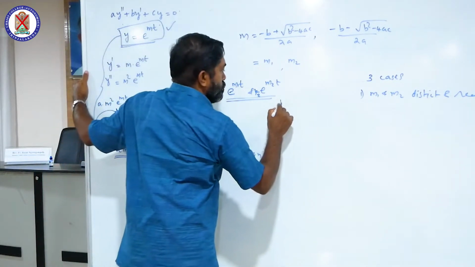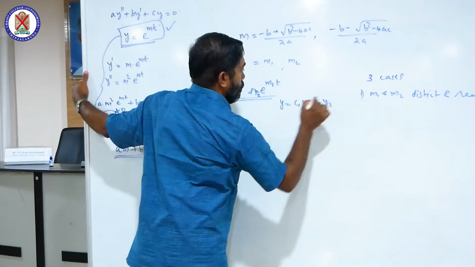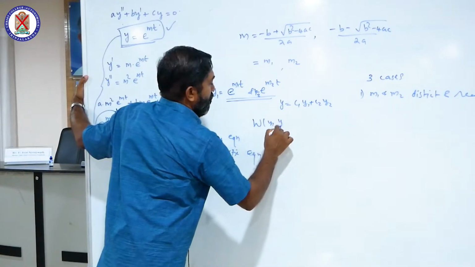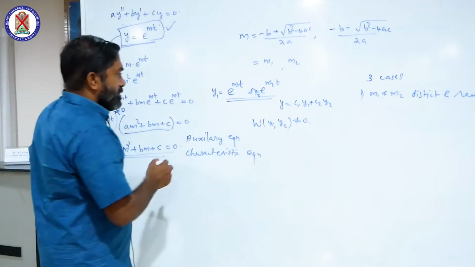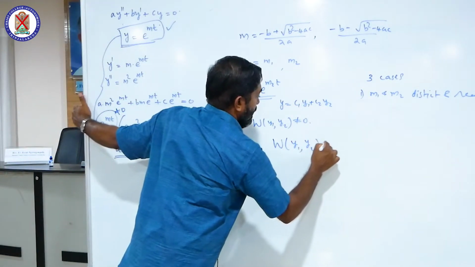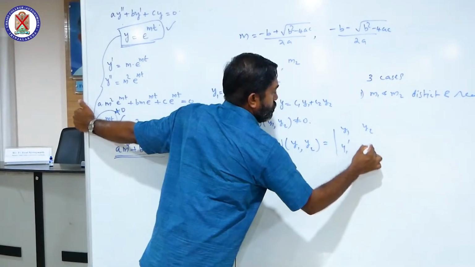Then the general solution y is c1 y1 plus c2 y2 if the Wronskian of y1 y2 is not equal to 0. So I'm just considering what is the Wronskian of y1 y2. It is the determinant with rows y1 y2 and y1 dash y2 dash.